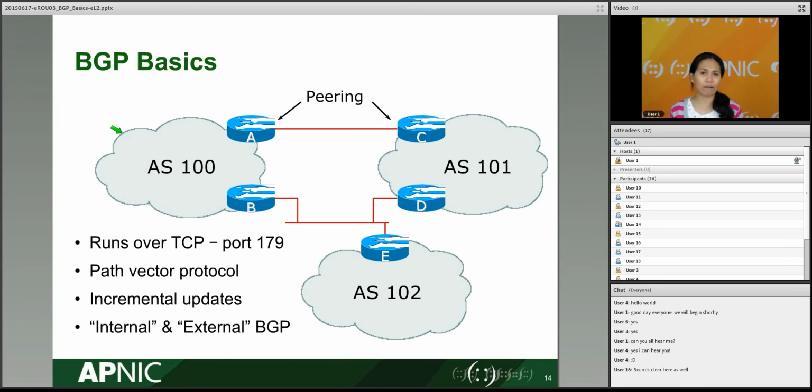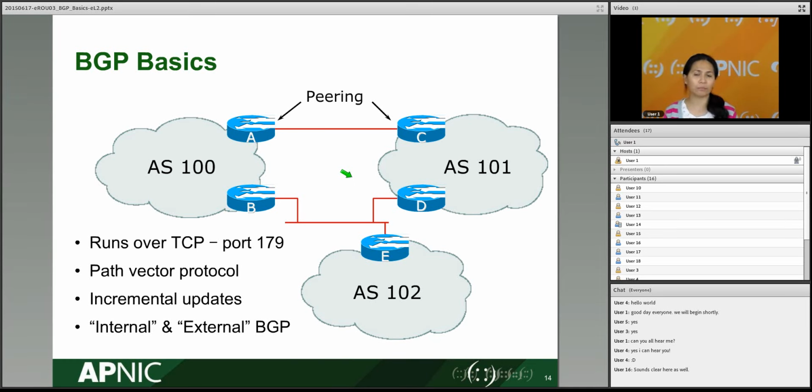Each AS should have at least one router that is able to run BGP, and this router connects to at least one other network's BGP router. Now they have to be physically connected, as you can see here. There's a physical connection between A and C, and B and D. That's very important, specifically with eBGP. These other routers are what we call neighbors.